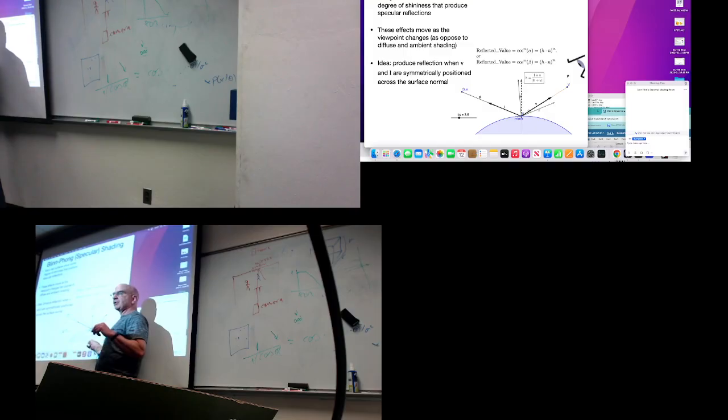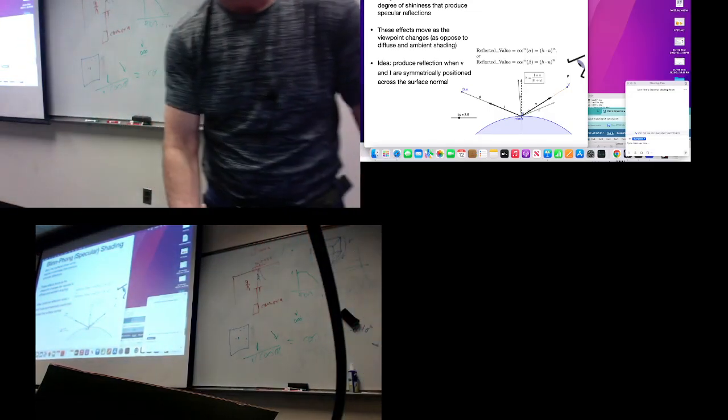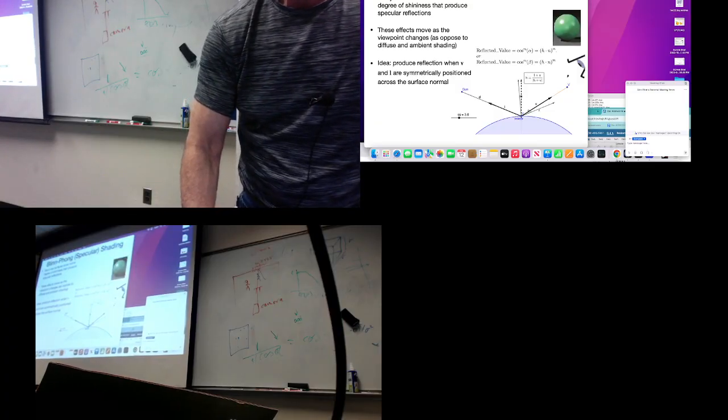The color of the object itself. In the diffuse part, it was just cosine times what is reflected from a blue object, so it will be mostly blue. In the specular one, no. It is just a property of the light, so if the light is white, then the specular spot will be white as well.